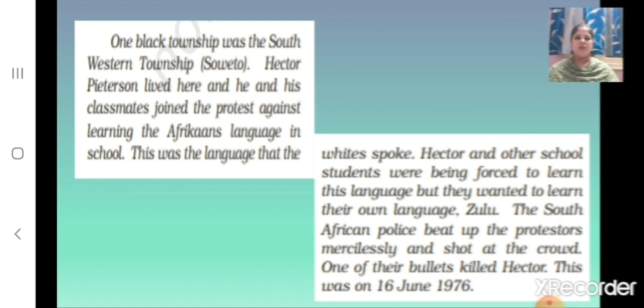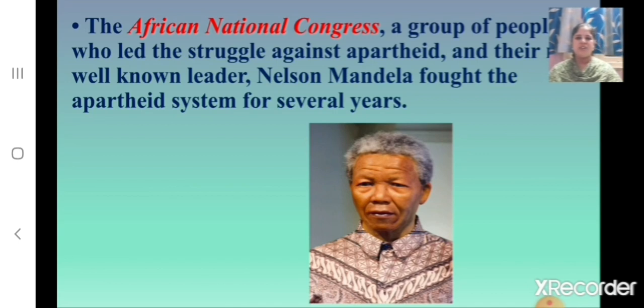This was on 16th June 1976. So when was Hector killed? Hector was killed on 16th June 1976. And the African National Congress, that is ANC, what was that? It was a group of people who led the struggle against apartheid, and their most well-known leader was Nelson Mandela.